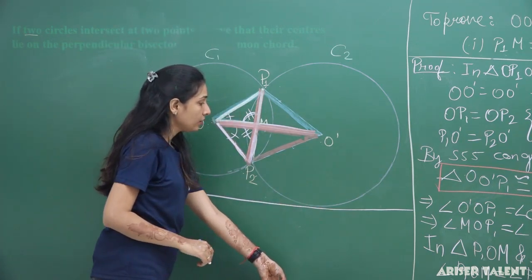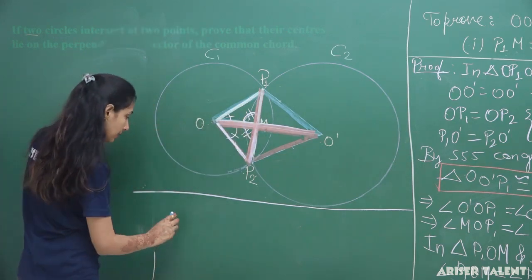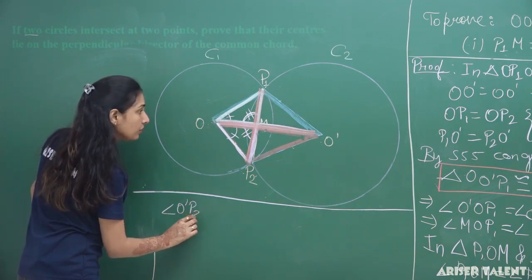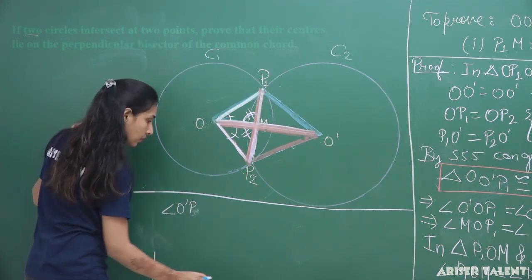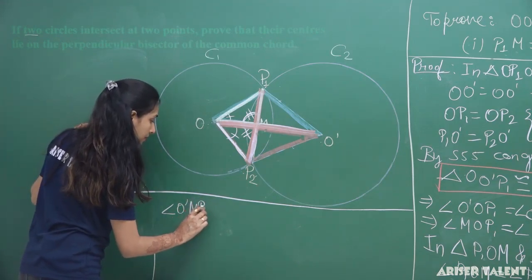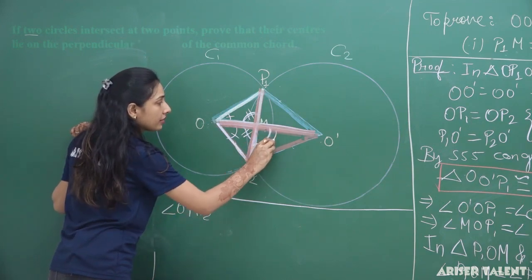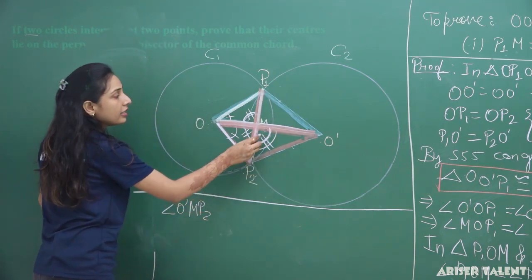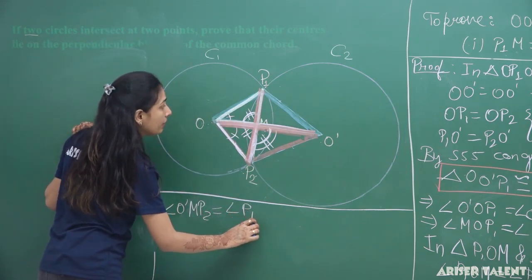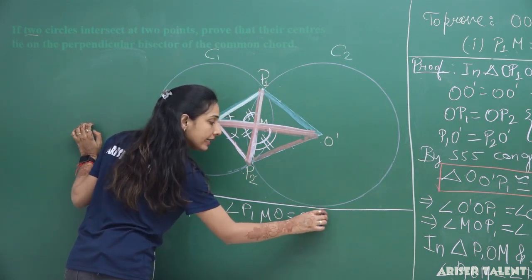So after that you are having it here that angle O dash P2, O dash M P2, this particular angle is equal to angle P1MO and angle P1MO equals 90 degree.